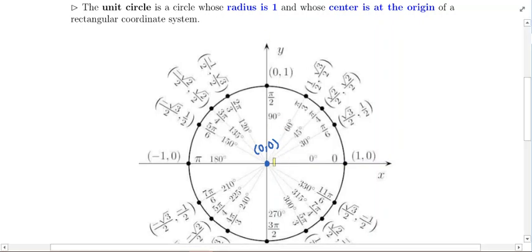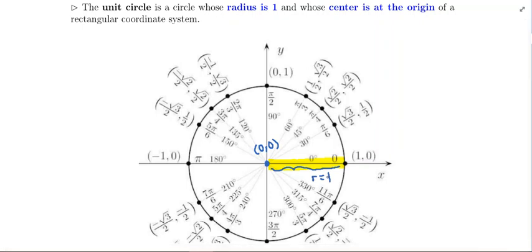Meaning the distance from the center of the circle to any point on the circle, for example this distance right here, that radius is 1 unit. This is the complete unit circle.